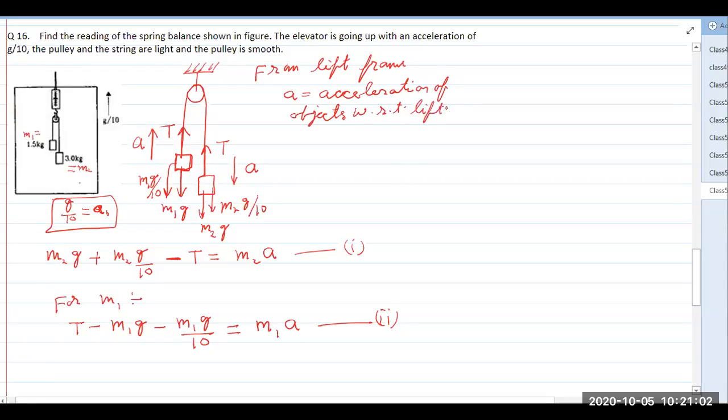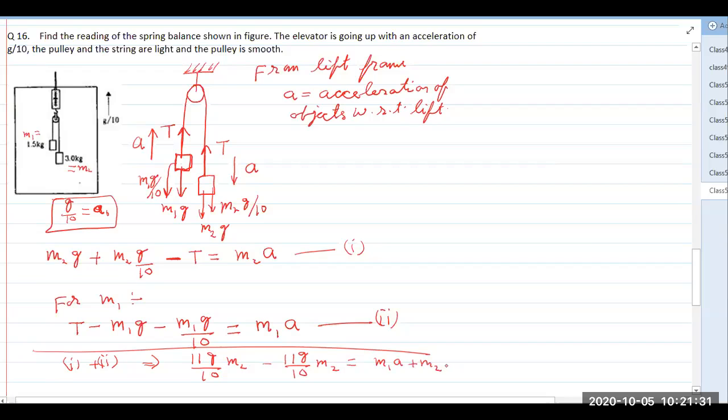Now if you add these two equations, the tension will get cancelled. If you add equation 1 with equation 2, you get 11g by 10 into m2 minus 11g by 10 into m1 equal to m1a plus m2a.